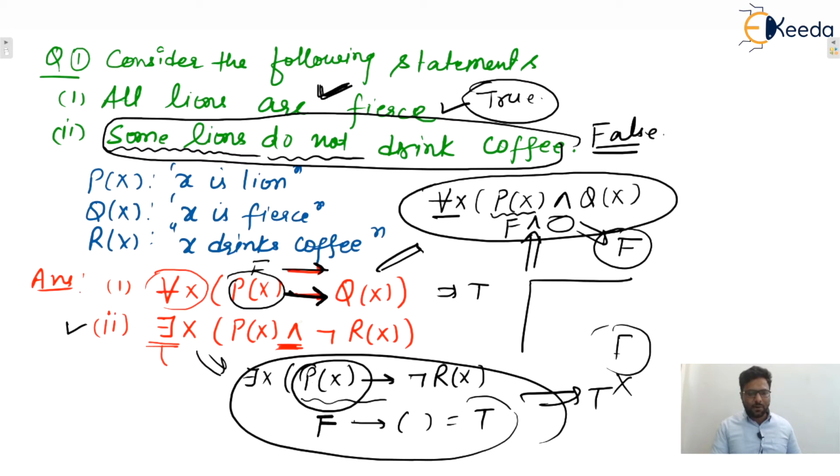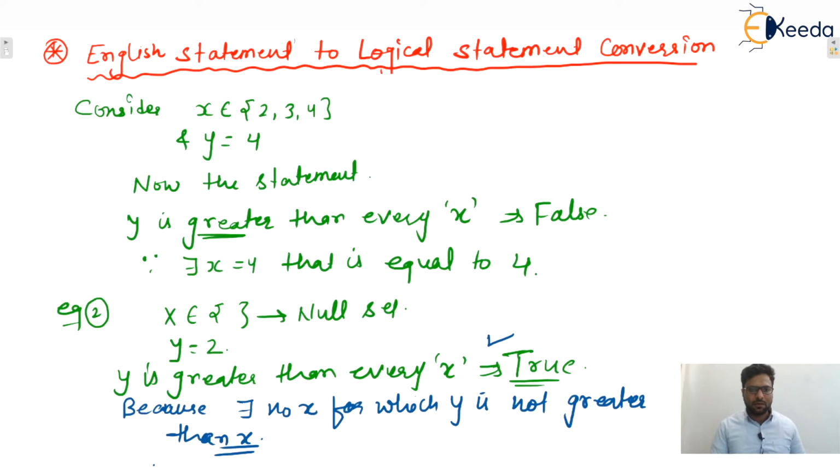That's why the and operator is used in the second one: P(x) and negation R(x). When the domain is empty, P(x) will be false, and false and anything will be false only. So initially I took one example and clarified this one.